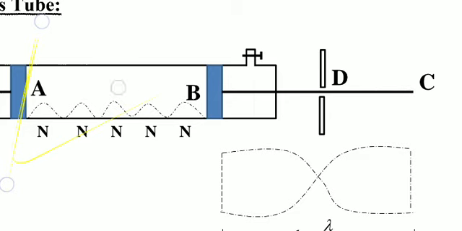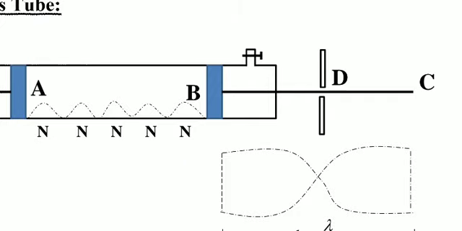So the distance between two nodes will be LA, because distance is in the air now. So LA will be equal to lambda a divided by 2.